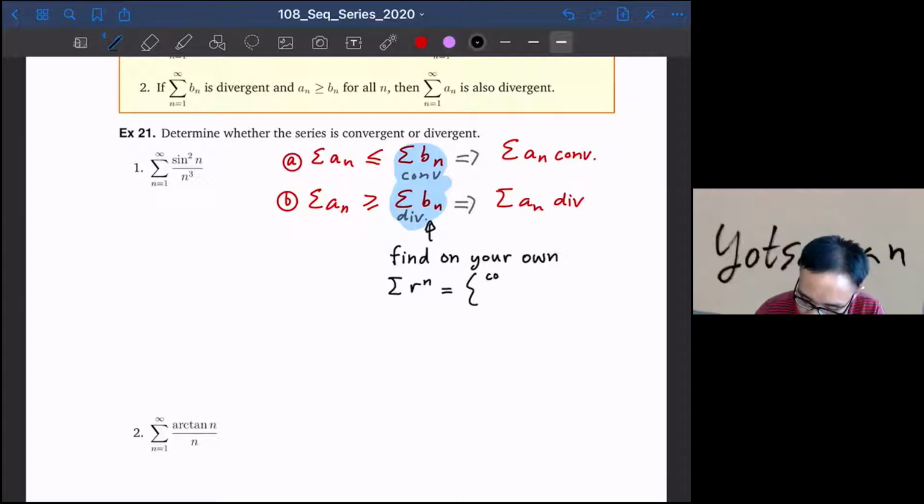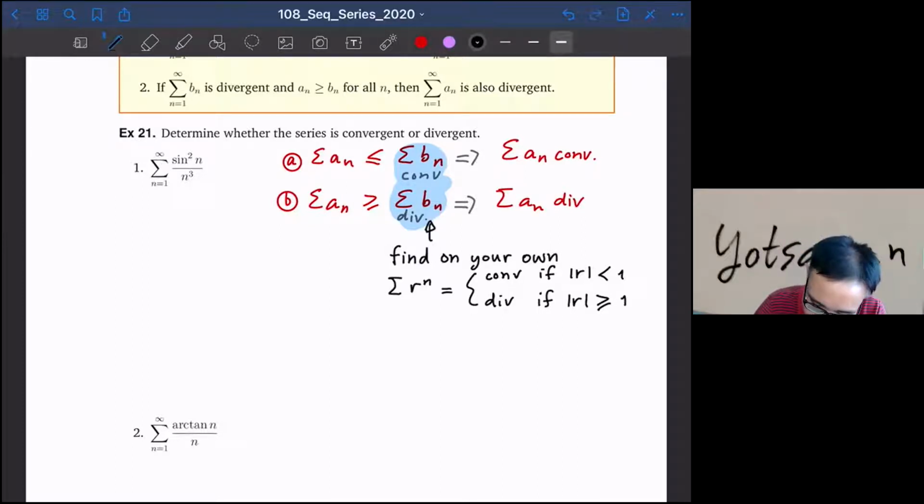It is convergent when you have absolute value of r smaller than 1, and divergent if you have absolute value of r greater than or equal to 1. So this is the first thing that you use.